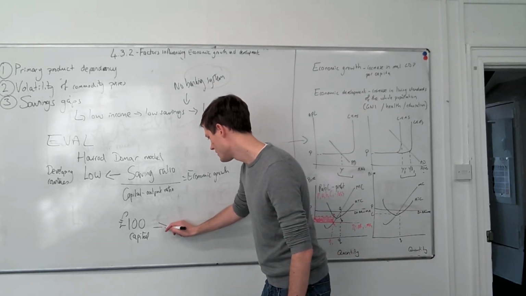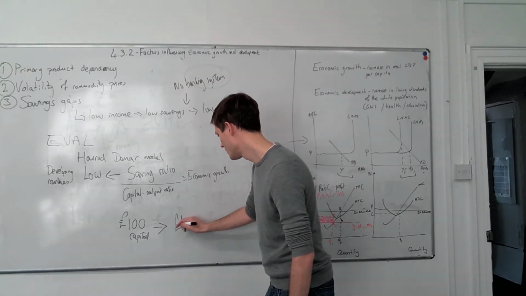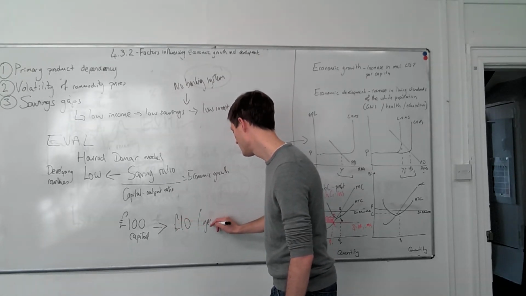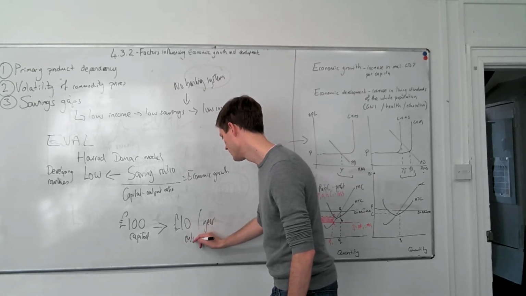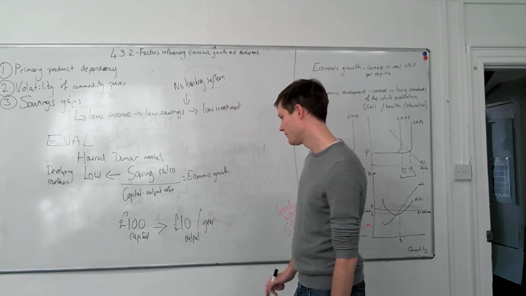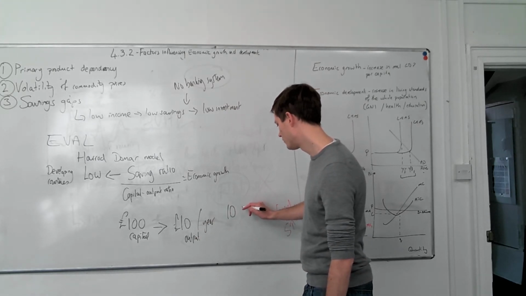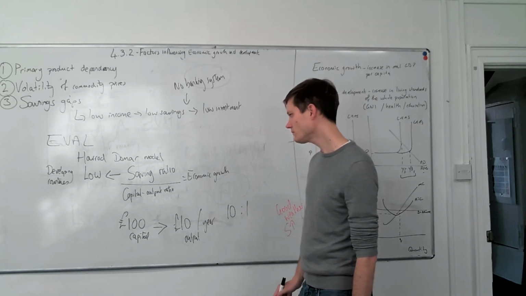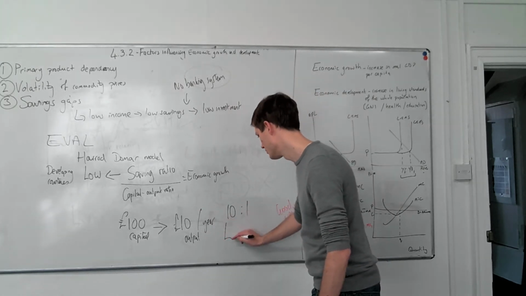Every year, that capital produces £10 per year of growth, of output. Okay, that would be a capital output ratio of 10 to 1. And that is a low capital output ratio. That's low.